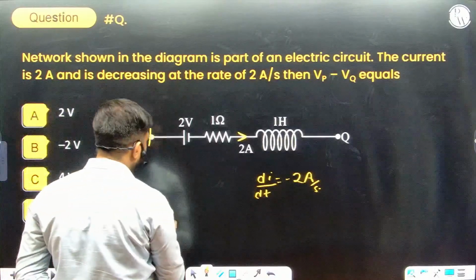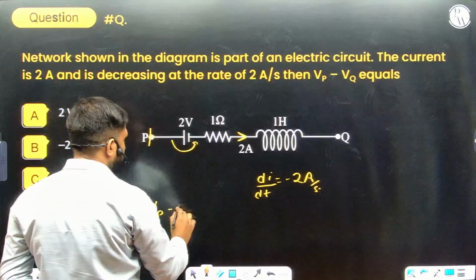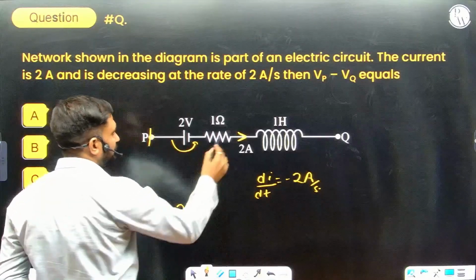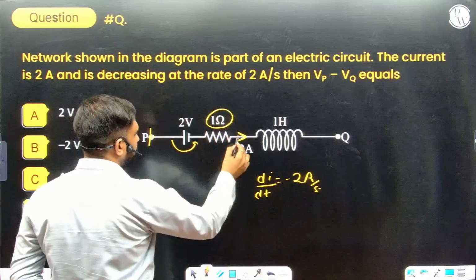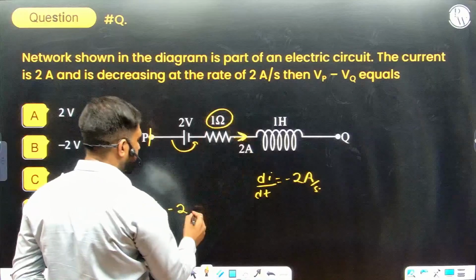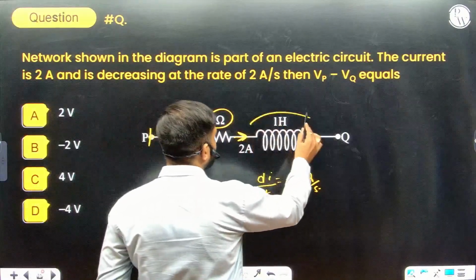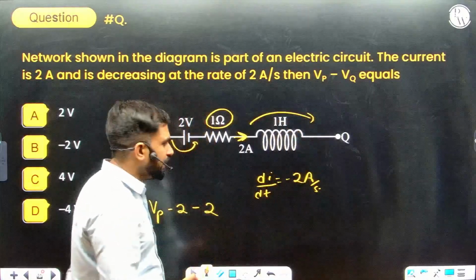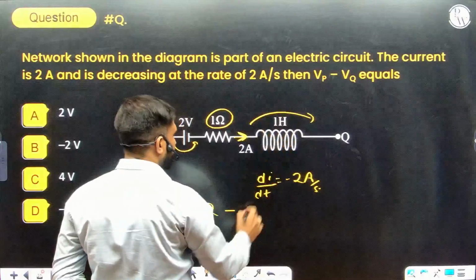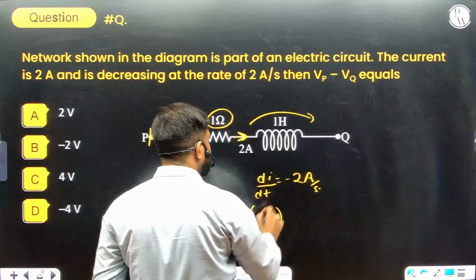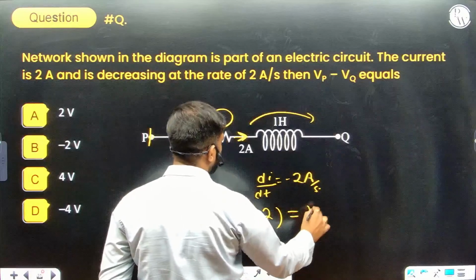Start from Vp. Across this battery the potential drops, so minus 2 volts. The current is 2 amperes across this resistor. Again in the direction of current the potential drops, so again minus 2. And for this inductor, it is minus L di/dt, so minus, the inductance is 1, and di/dt itself is minus 2, so it is minus 2 and we reach Q.